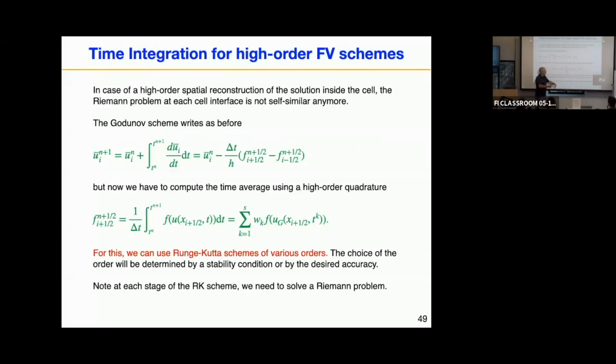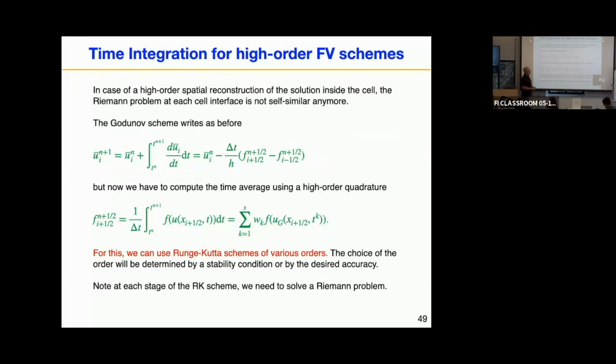At the end, once you have all the quadrature points with predictor values, you finally perform the final integration by doing the quadrature. These are called Runge-Kutta schemes. I don't have time to do the theory of Runge-Kutta time integrators, but if you're interested, I can point you to some good reference. The key point is that you're performing this time integration up to a given order, which gives you the order of accuracy of your time integration.